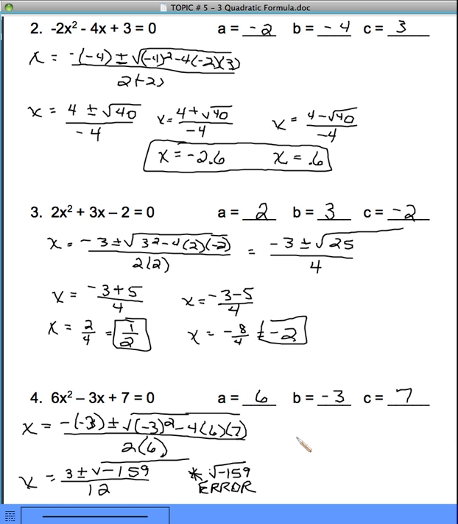But in fact, later you're going to learn how to solve these numbers that have a negative. It is a complex number. So what I really want you to write is no real solution. Okay, that's going to be your answer if you ever end up with a negative under the square root or under the radical.